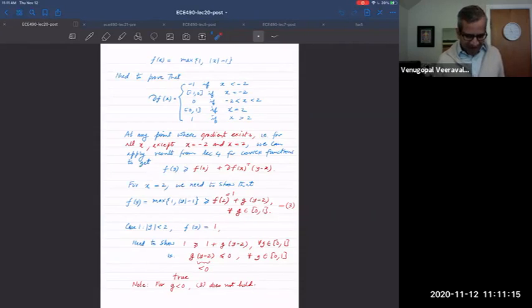But this condition for a subdifferential has to hold for all y. So if it doesn't hold for some y, then it cannot be a subdifferential or a subgradient. So that's a small clarification that I added to these notes.